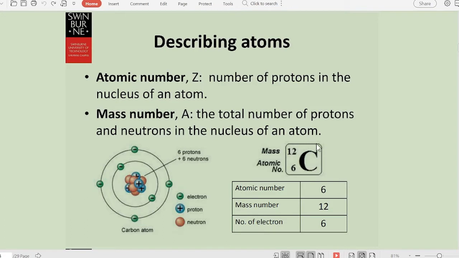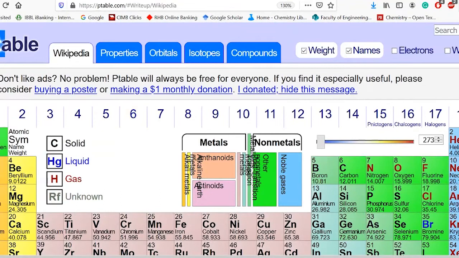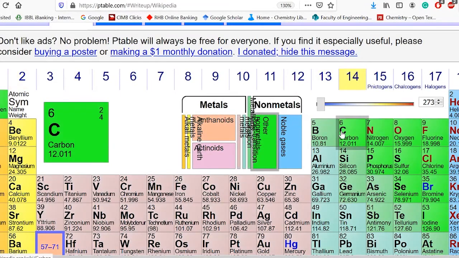Although this expression varies with the different type of periodic table we are looking at. Just for example, here we see a periodic table that you can find at ptable.com on the website. You see here, carbon, nitrogen, oxygen.